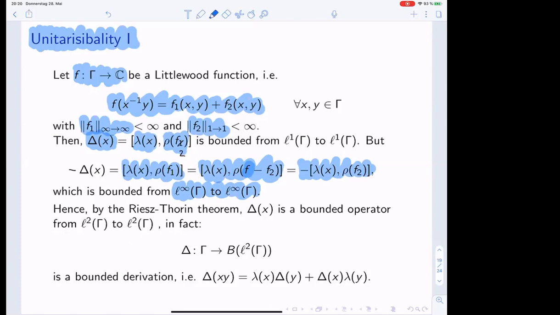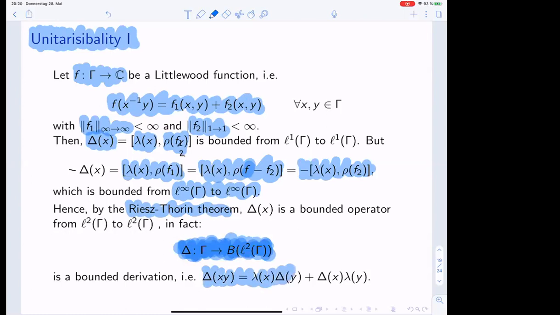And by the Riesz-Thorin interpolation theorem, you get bounded operators from L2 to L2. This is usually harder to obtain, but this way we can get it by interpolating operators that are bounded from L1 to L1 and L-infinity to L-infinity. And so what you obtain is a bounded derivation.